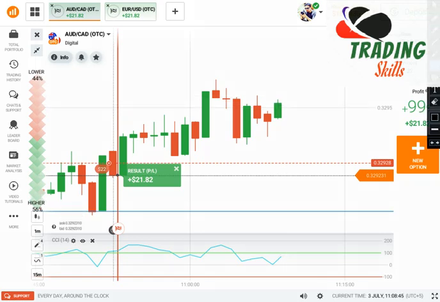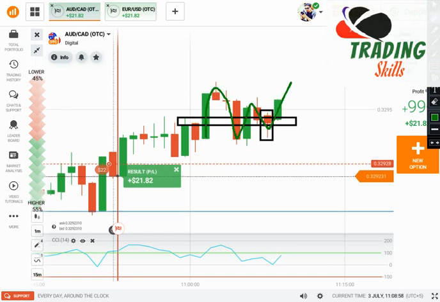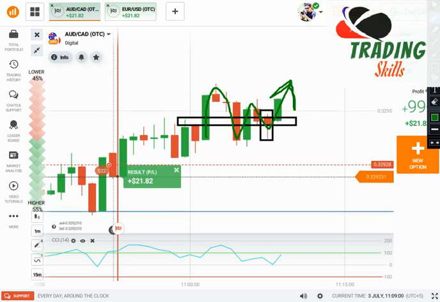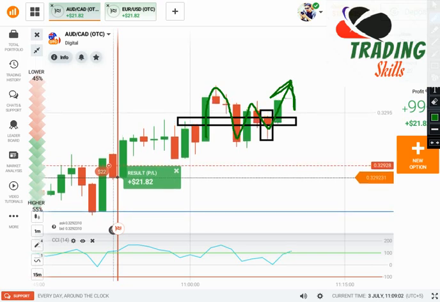You can see here, let me show you here, this is the level. You can see here market closed exactly at the level. This is a reversal candlestick, so market can go up from this point. You can see again market is trying to go up, so it is easy for you all to understand.